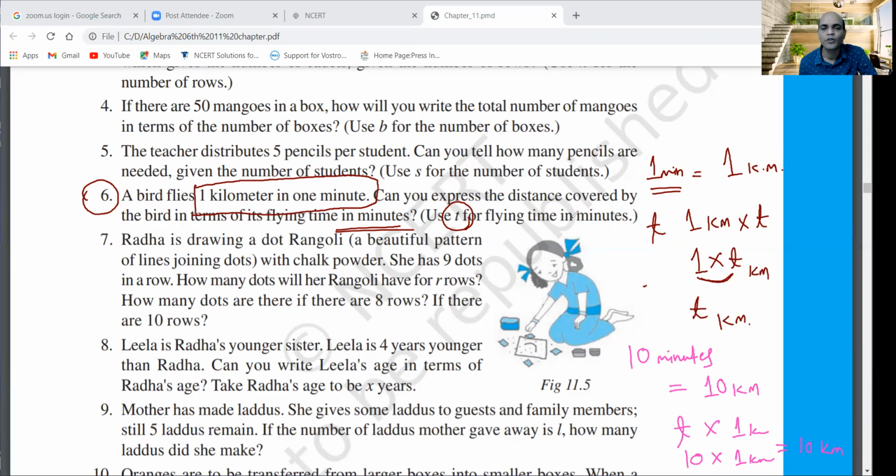Now got it? So the common rule for this is t kilometers. If it is 10 minutes, it is 10 kilometers. If it is 50 minutes, then 50 kilometers. Right? Very good.